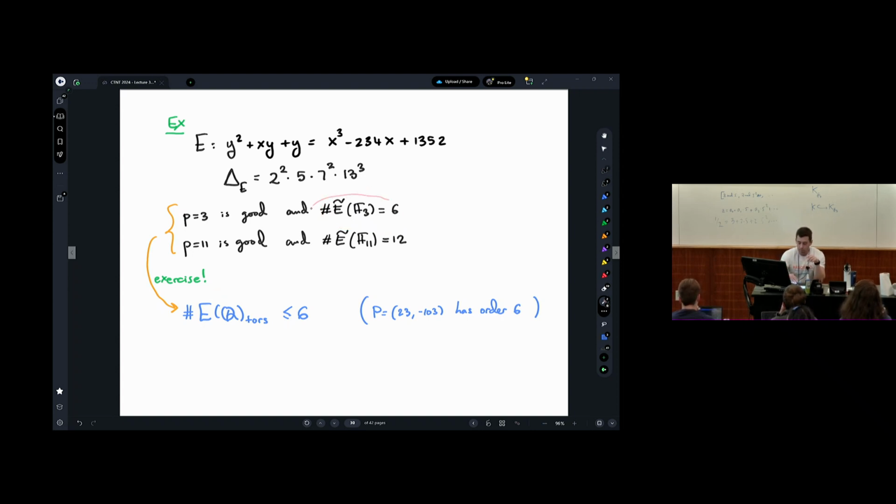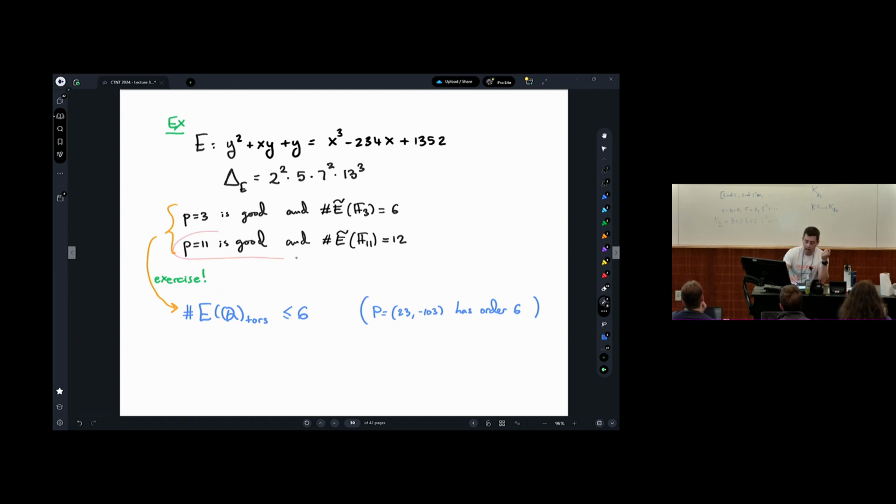And what this tells me, and I'm going to leave this as an exercise for you, there are examples in the book about how to do this, is that for any torsion that is not 3-torsion, if you have 7-torsion, 11-torsion, and so on, that order would have to divide 6. So this alone tells me that there can only be maybe 2-torsion or 3-torsion.